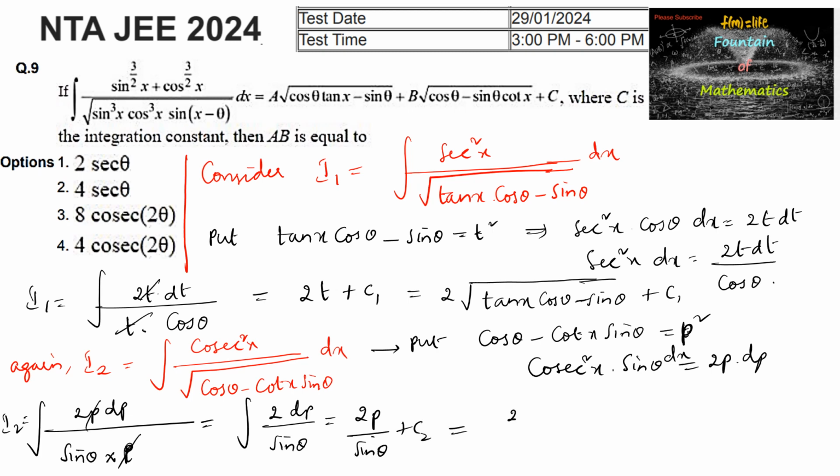So we can write 2 upon sin theta into root of cos theta minus cot x into sin theta plus c2.